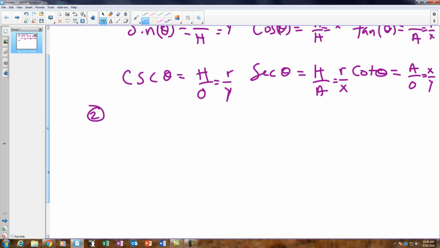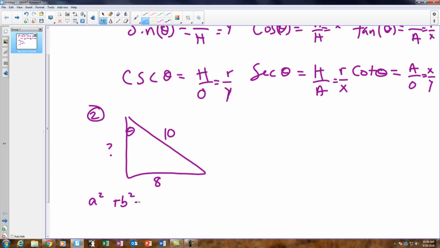Then question number 2, you have a right triangle with theta up there. You have 10 here and 8 here. You're asked to find all 6 trig functions, which is what you did above, but this time for this triangle. The only thing that's weird is we're missing this side over here, so we're going to have to use the Pythagorean theorem: a squared plus b squared equals c squared.